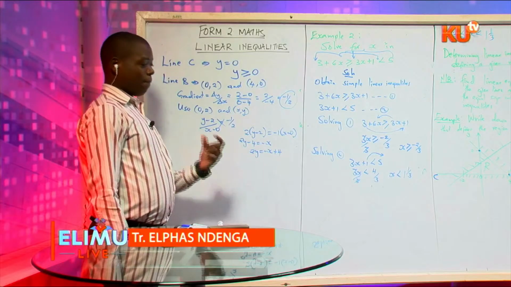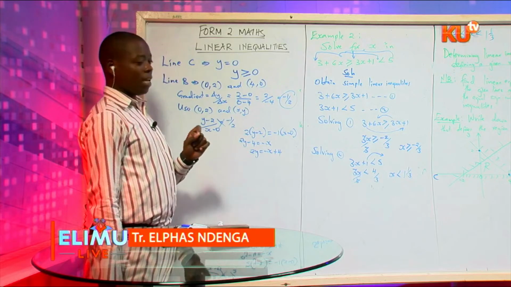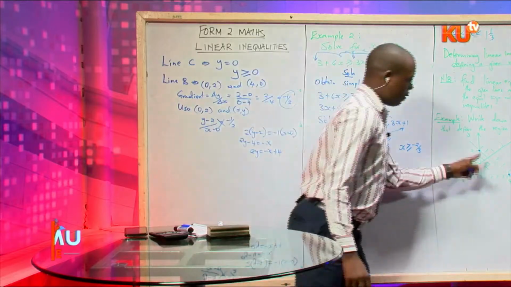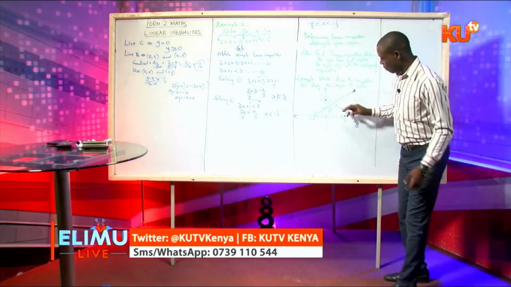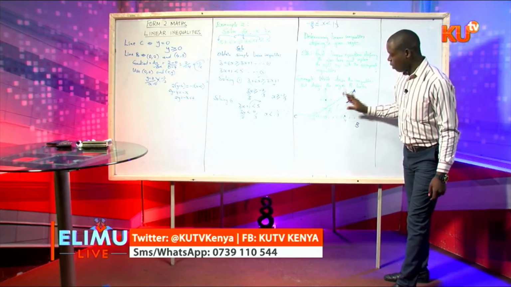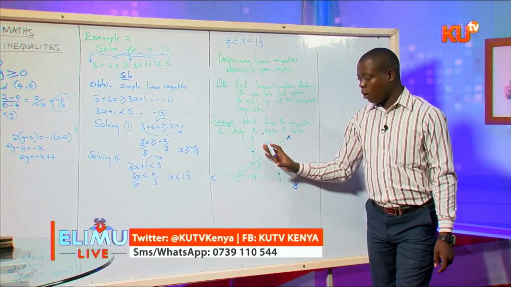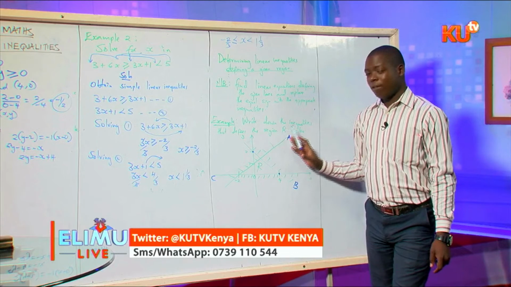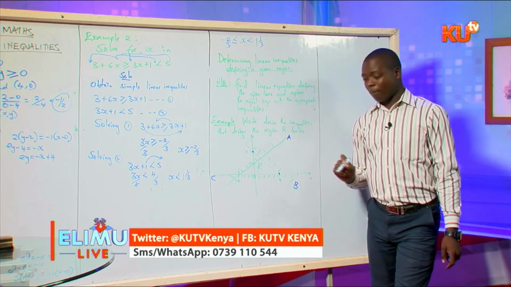This is our equation. But we are not told to determine the equation. We are told to determine the inequality. So how do you give the inequality? Now look at these 2. The line B, the shaded part is on this side. This is the shaded part, meaning the values that are on this side are out of the region. They will not define this region correctly.